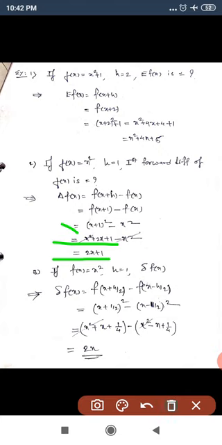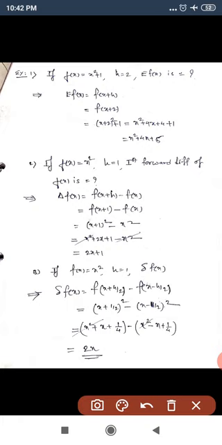Third, if f of x equal to x square, h equal to 1, what is the del of f of x? Del means the central difference operator. We have defined del of f of x equal to function of x plus h by 2 minus function of x minus h by 2. H equal to 1, so function of x plus 1 by 2 minus function of x minus 1 by 2.